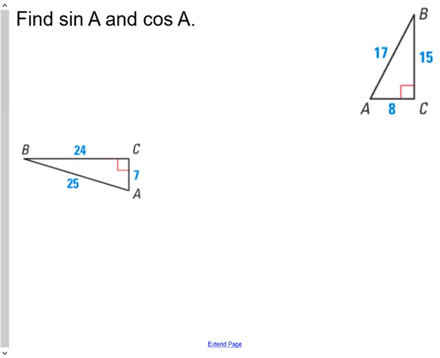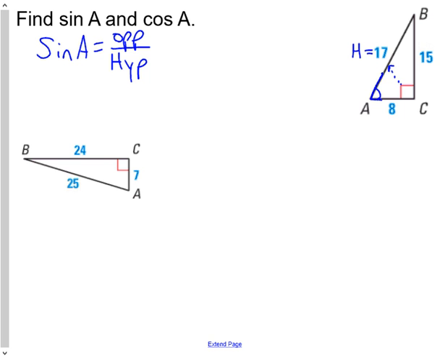Starting off, find sine of A and cosine of A. So again, sine of A equals opposite over hypotenuse. Going to angle A, we've got the right angle first, here's our hypotenuse.